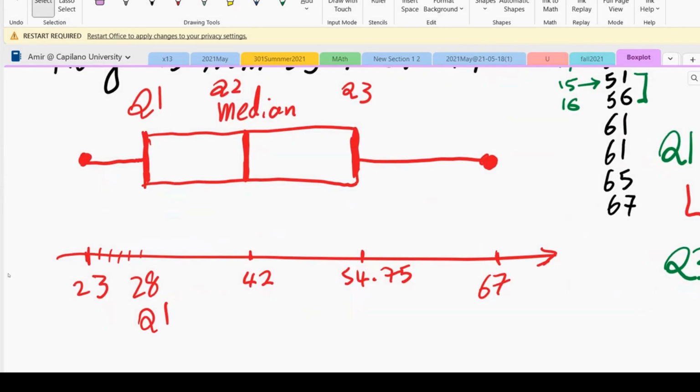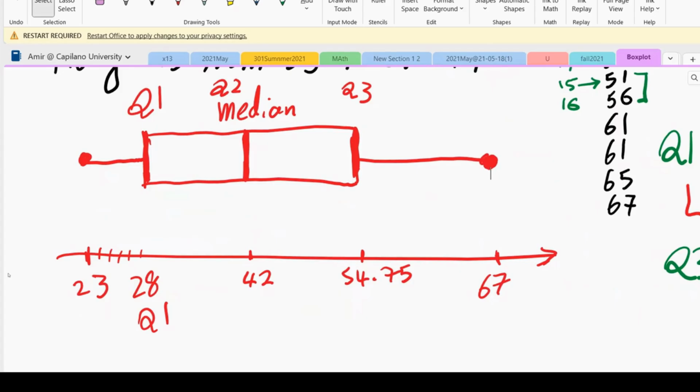What is the central tendency? 42. Very good. What is the number that 25% of observations are less than it? 28. What is the number that 75% of observations are less than it? 54.75.